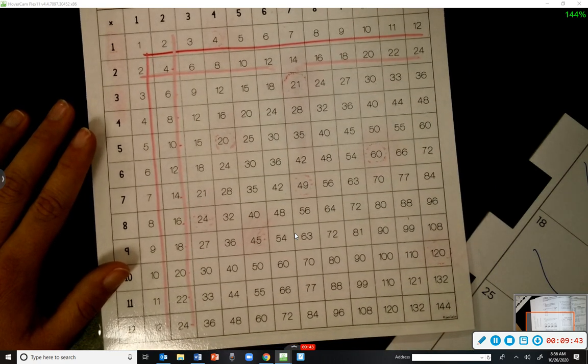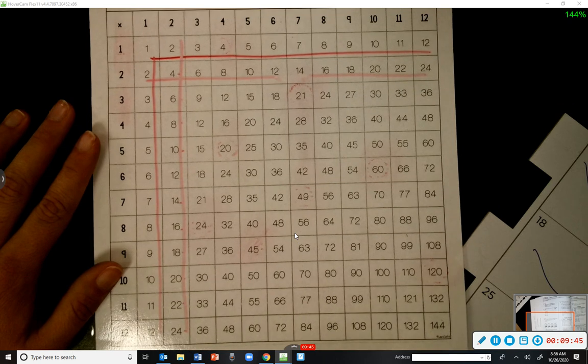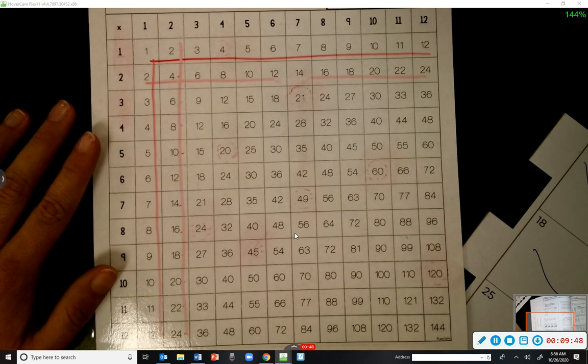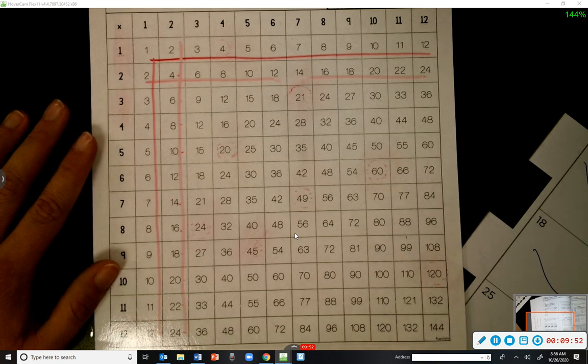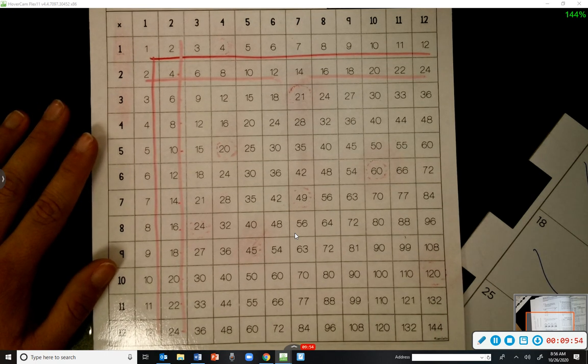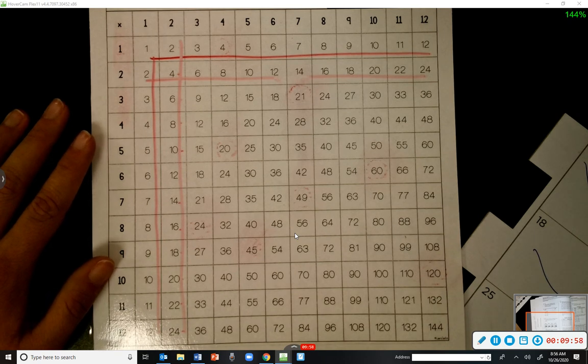Okay, she also pointed out, Kaylee did, that on the 3s, it's just skip counting by 3s. Raise your hand if you know how to skip count by 3s. That's hard. I don't know. It's a little bit harder, but I think we could get it down pretty quickly if we practice it.